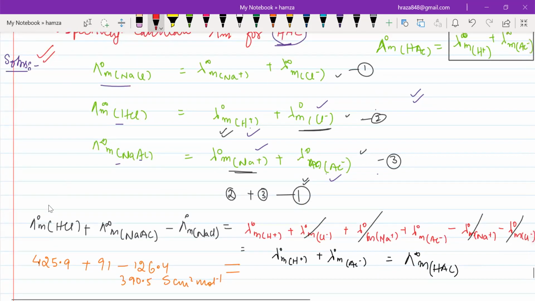Like HCl has this much value in the question, NaAc has this value and NaCl has this value. Just solve it and you will get your answer. Please reply to me in the chat box. Did you write it or not? Yes, sir. Okay. So can I move to the next question? Yes, sir.